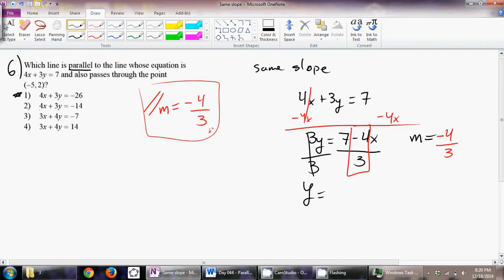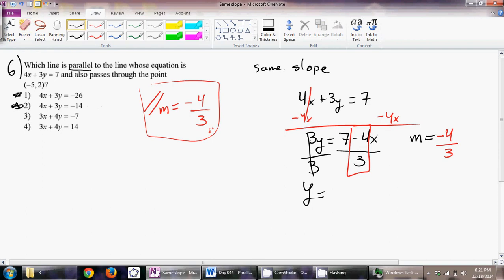And it looks like this is going to have the same slope too, because I would have to do the same thing. I'd have to get rid of that 4x and bring it over here, minus 4x. And then when I divide by 3, I'm going to have that minus 4/3. Oh my God, this eraser. Answer choices 1 and 2.